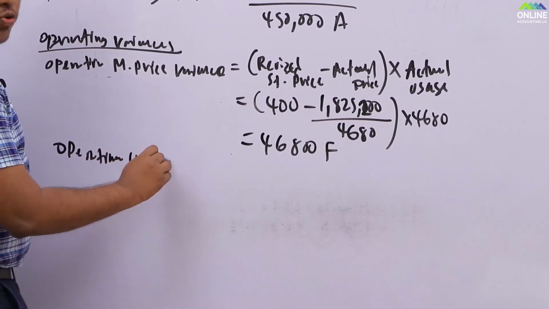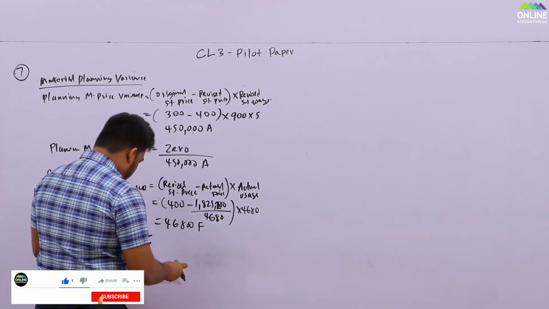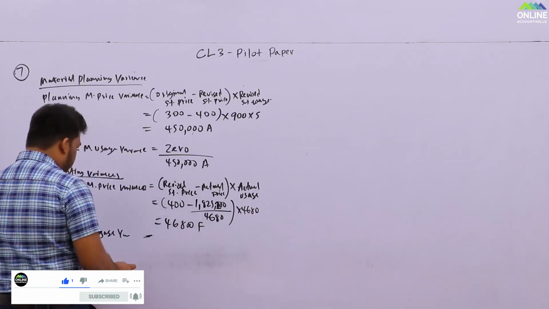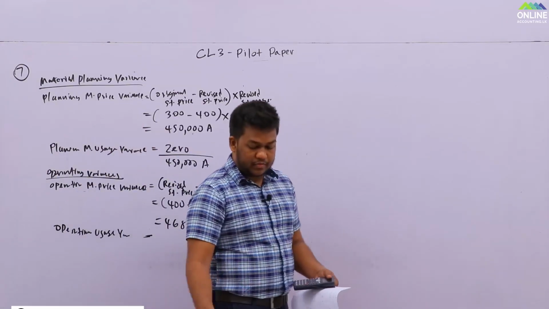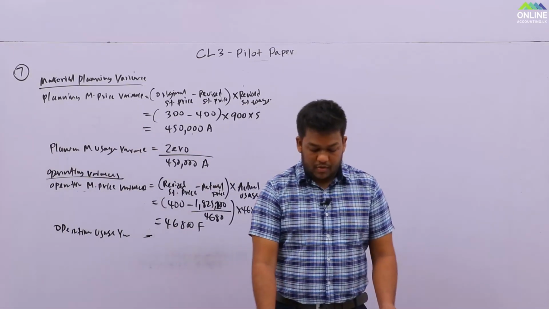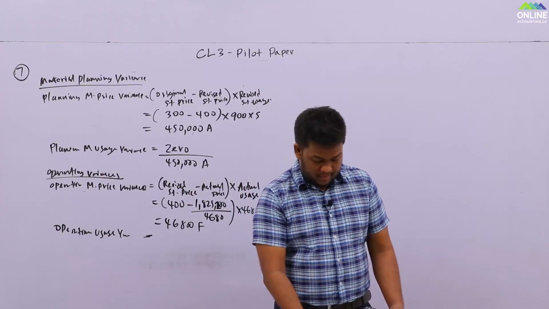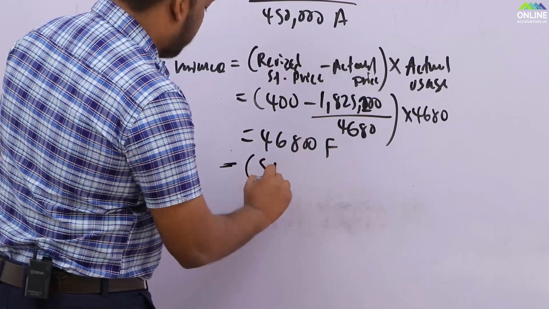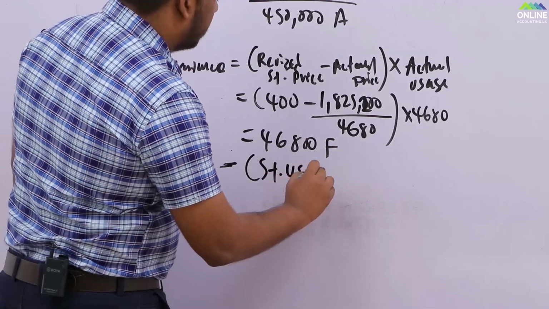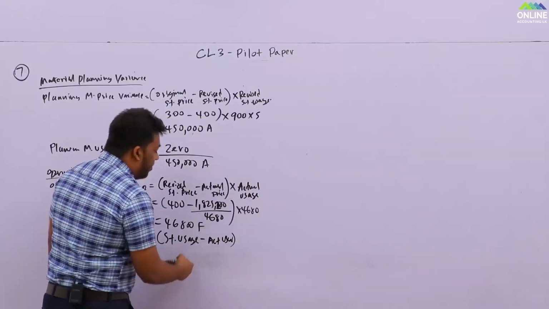Operating usage variance. How to get it? That is standard usage minus actual usage, because same old formula.